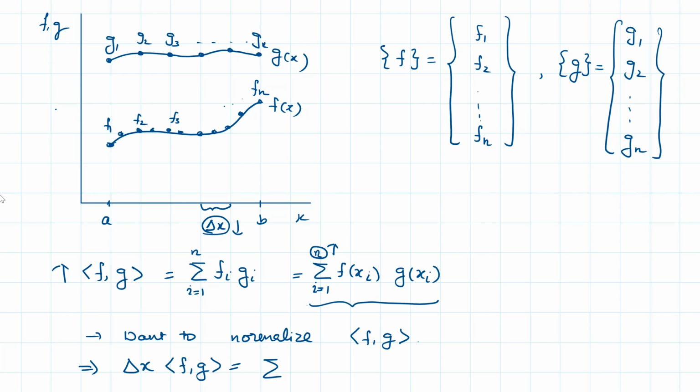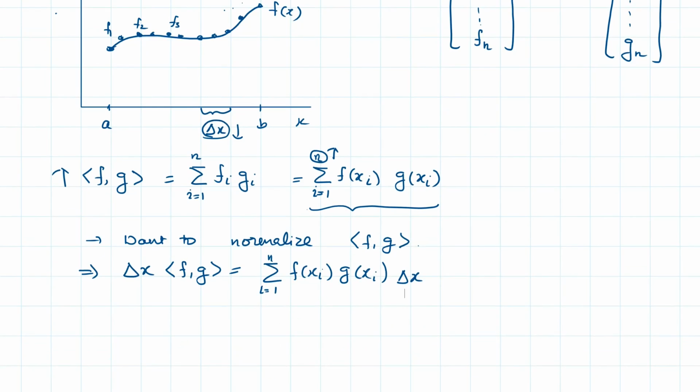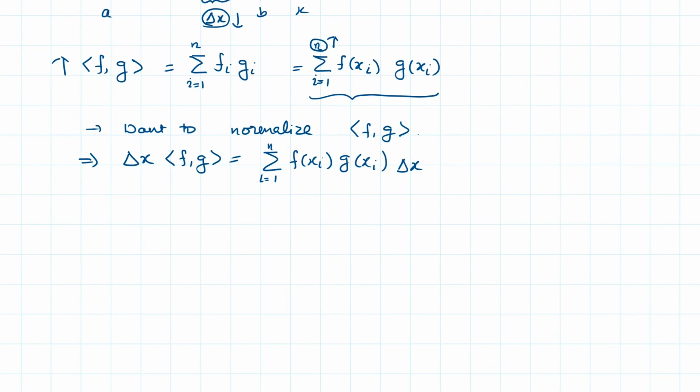So I have the summation, i going from 1 to n, of f times g times delta x. If n tends to infinity, that means delta x tends to 0, and we can convert this term into an integral form.